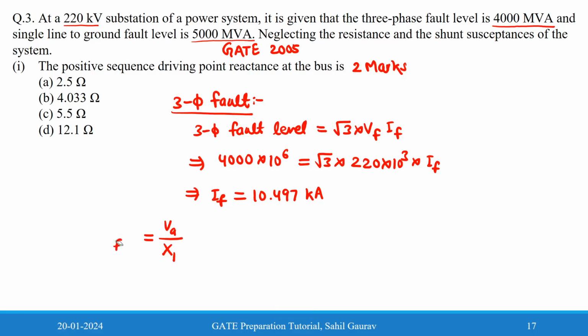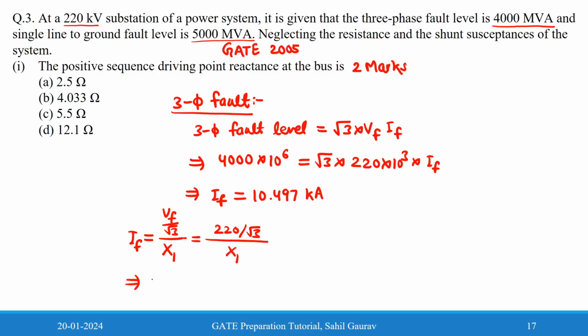In case of three phase fault, IF is equal to VA divided by x1. This is the phase voltage, so it's better to write VF divided by root 3. So it will give you 220 divided by root 3 divided by x1.